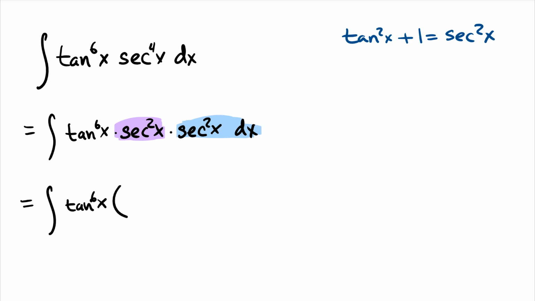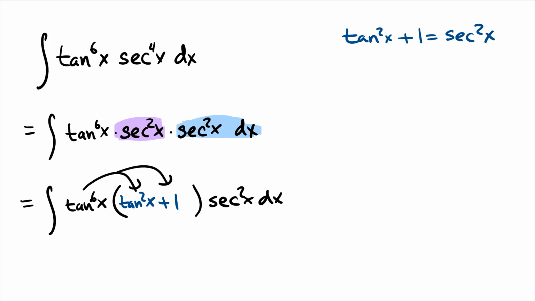So we got tangent to the 6th of x times what we're changing into tangent squared of x plus 1. Let's distribute in, and then we're going to be ready to rock. That's tangent to the 8th. Sorry, that took me way too long to figure out. 6 plus 2 was 8.